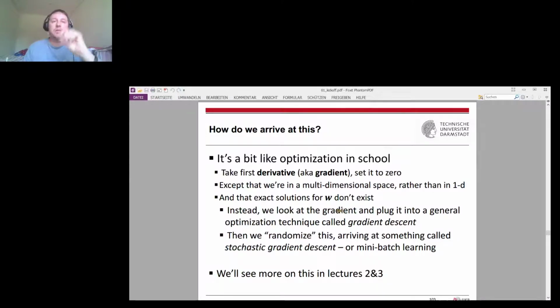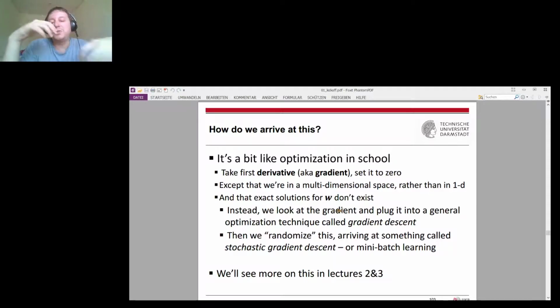In school, maybe sometimes you can write down the exact solution, but here it does not exist in general. Instead, we calculate the gradient, and we plug it into a general optimization technique that we call gradient descent, right? This gradient descent we will get to know in 2 lectures.